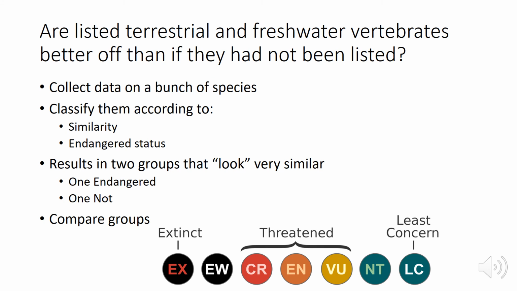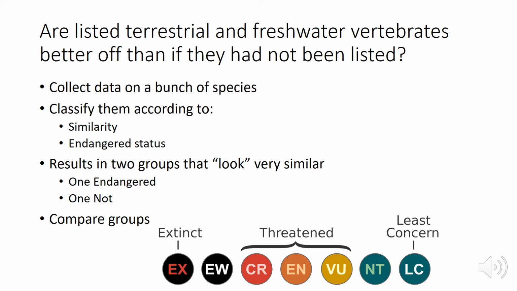And specifically, we're going to compare groups based on how their status changes. This is something you all said you were interested in. We want to know if we list a species as endangered, does it help it to thrive? Our way of determining whether or not it's thriving in this case is, are they going from endangered to extinct? Hopefully not.